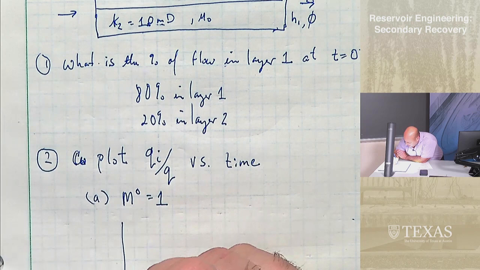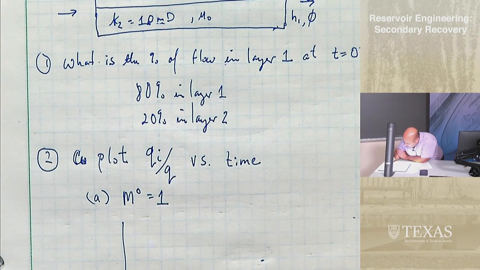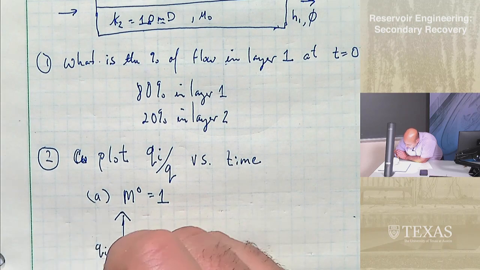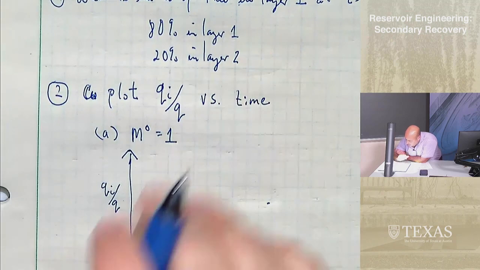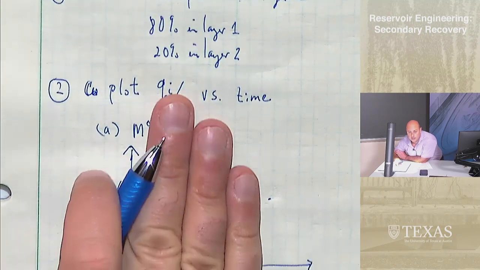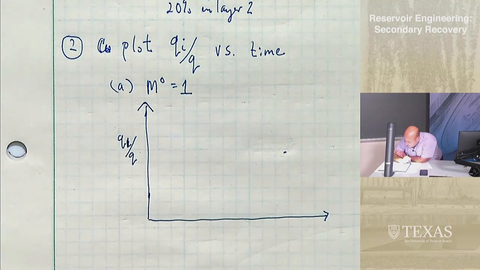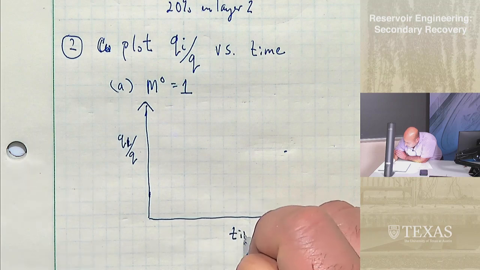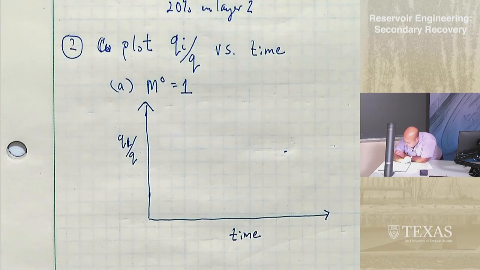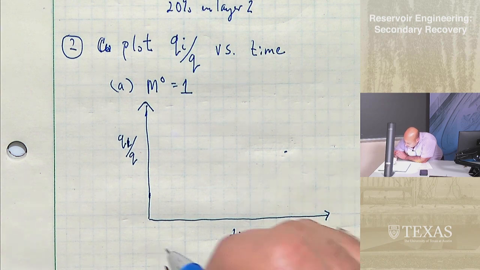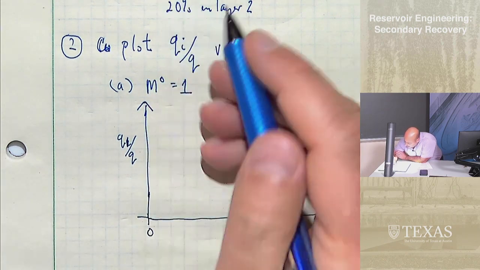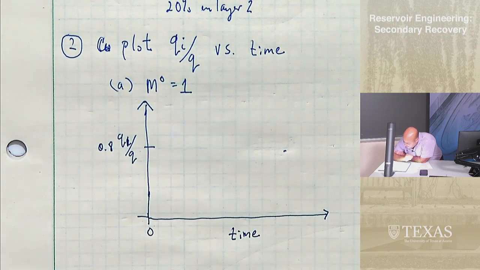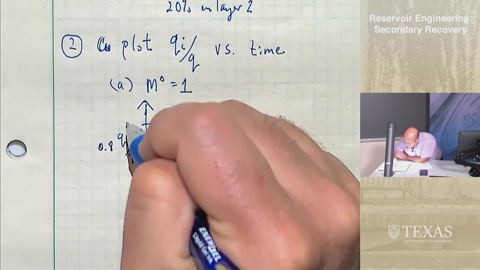So what I want you to plot is Q_i over Q for layer 1. Let's just do layer 1. So I can just put Q1 over Q. The y-axis is the percent of the flow in layer 1 versus time. And what we know is that at time equal to 0, it's 80%. So I'll just put that right there. I'll call this 0.8. Maybe this is 1.